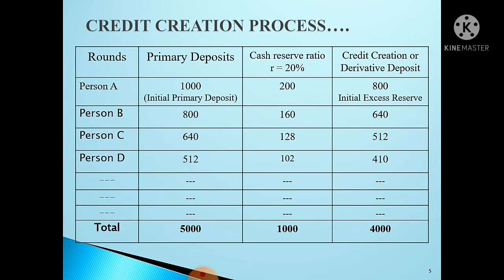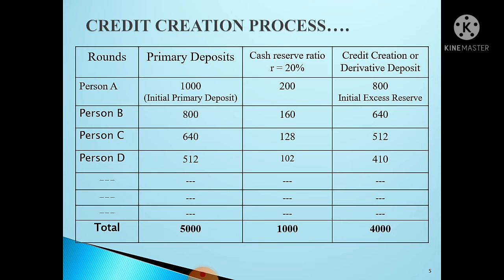Again, keeping 20% of rupees 800, that is rupees 160, the bank advances the remaining 640 to person C. Similarly, keeping 20% of rupees 640, that is rupees 128, the bank advances the remaining 512 rupees to person D, and the process goes on.